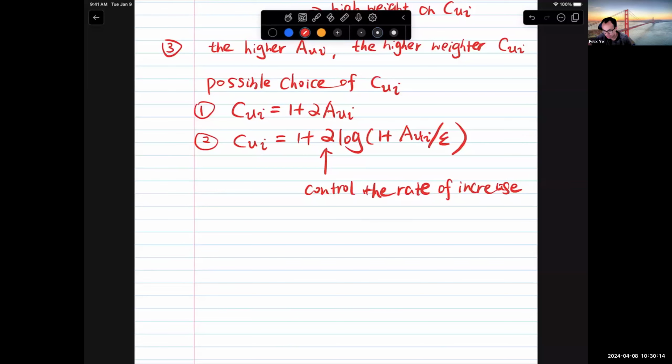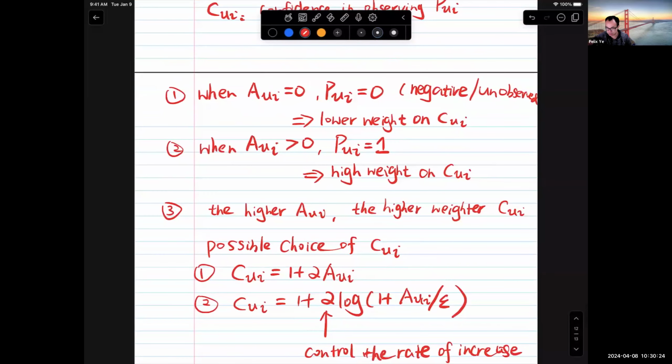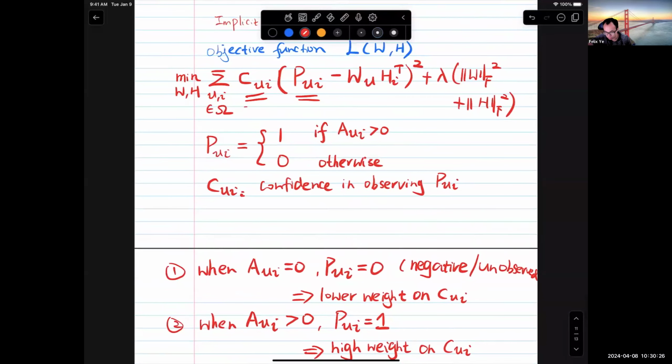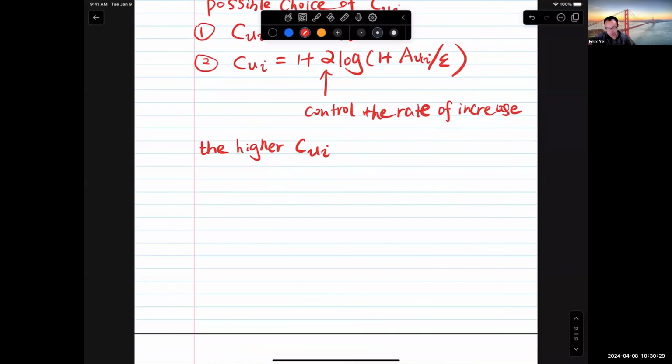So the higher the CUI, that means this will contribute more to the weight. Then my WU HI transpose should be close to PUI, because I have a high confidence these two should match, right?